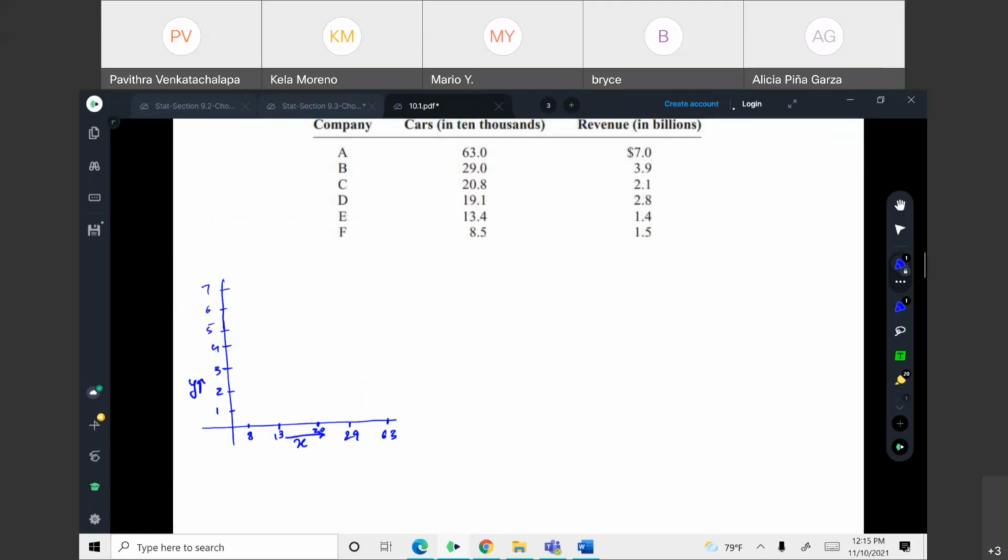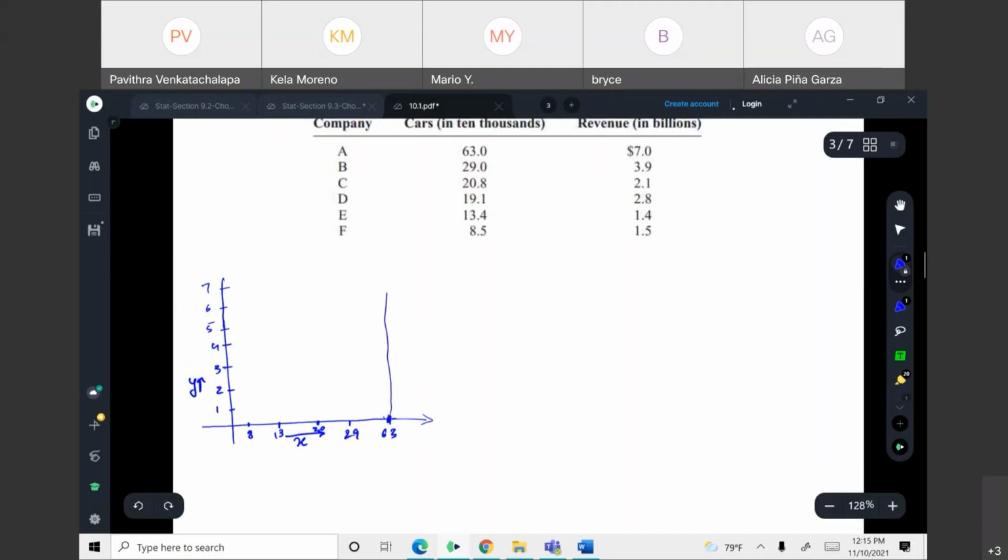Okay, so all you have to do is just join the points. Now x is 63, y is 7. So where is 63 for me? Here is 63 and y is 7. So 63, and you will cut here at 7. You have a point.